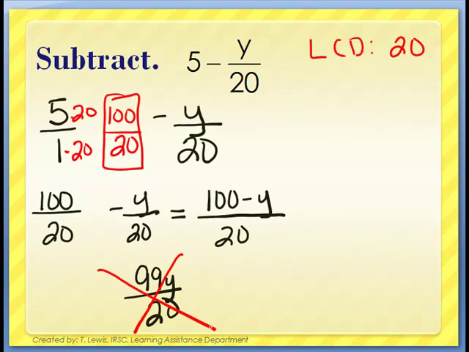And the reason why it's incorrect, our numerator, we have a constant term of 100, we have a variable term of the negative y. They're not like terms. So we cannot subtract those two terms together. Now what we applied was finding the LCD, as well as having a common denominator and bringing together our numerators. And we're done.